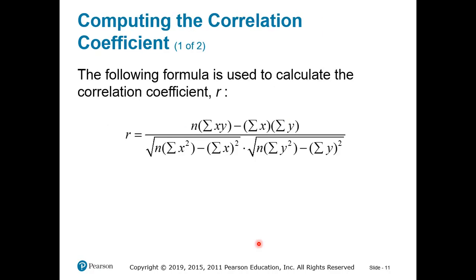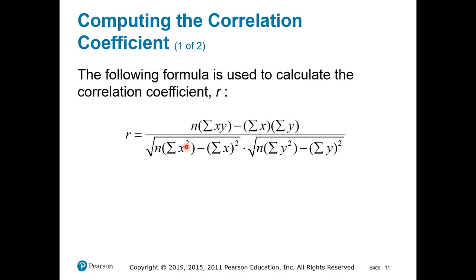Now here is the formula used to calculate the correlation coefficient. It is a huge beast, so you need to know all of these different pieces. What do you need? You need to know the sample size. You need to know the products of x and y. You need to know the values of x and the values of y.